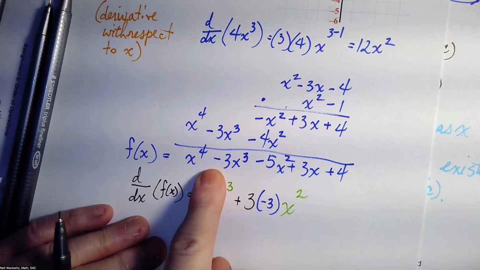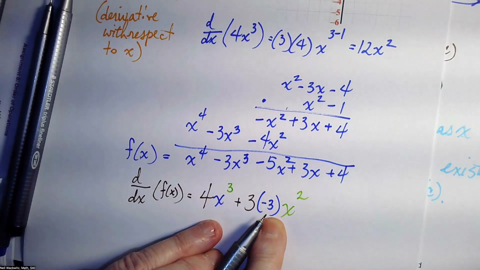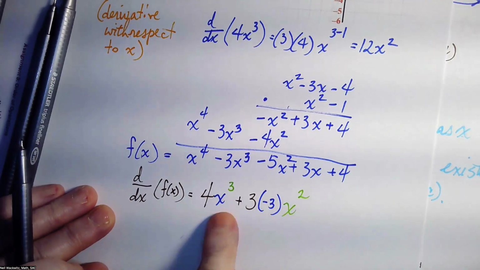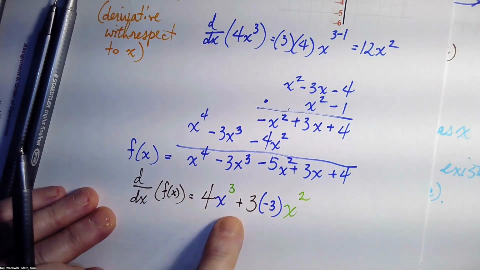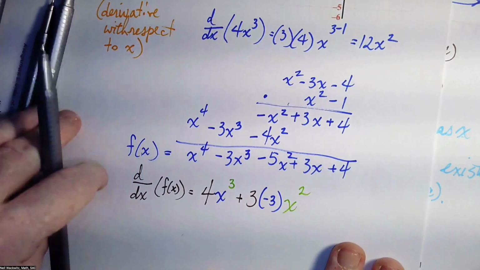So you can move the negative out, or you can leave the negative with the coefficient. It really doesn't matter as long as you have a method. It is also fine to say negative 3 times 3. It's still going to be the same answer.